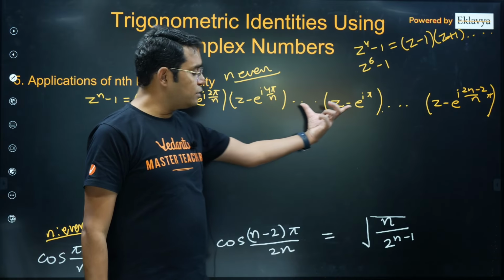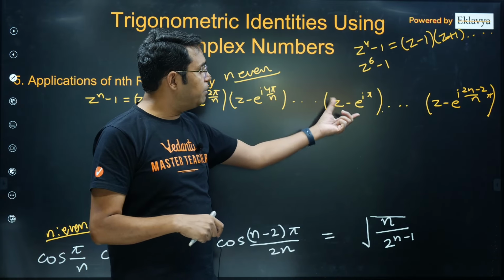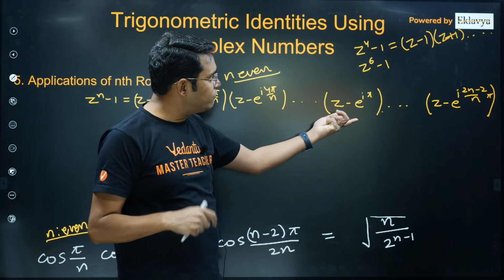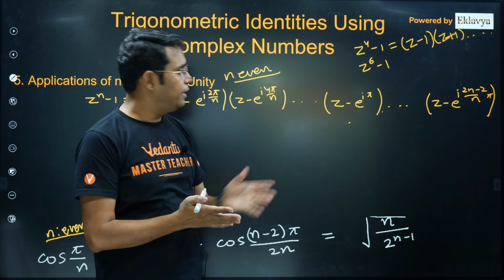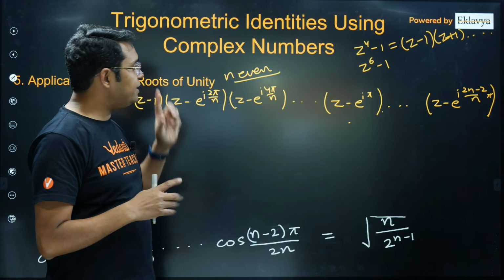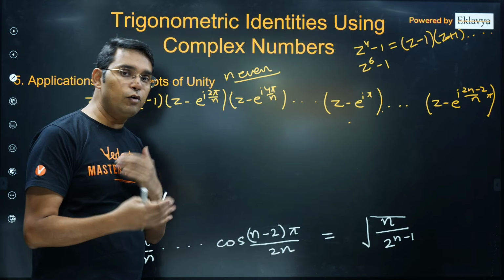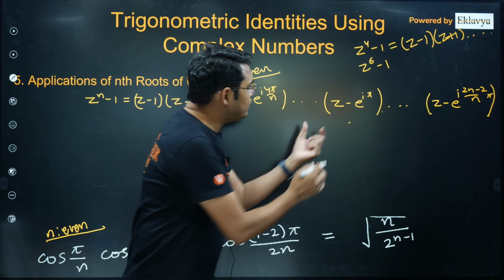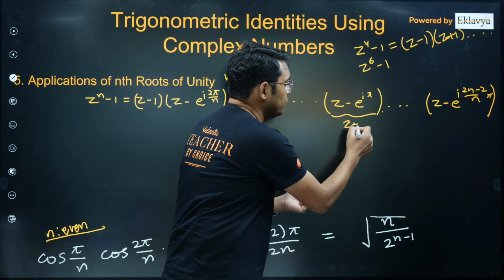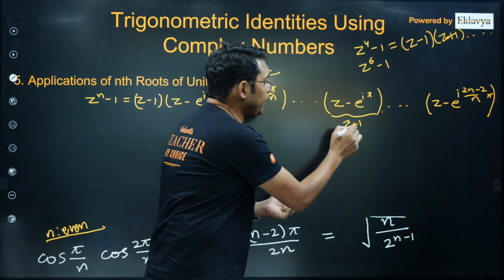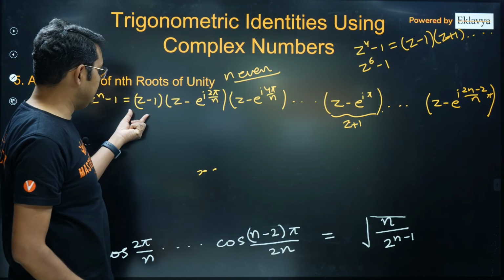So in this case, this bracket actually signifies that minus 1 will also be a root. So this will become actually z plus 1. So if n is even, you will always get minus 1 also as a root. So this is z plus 1. Okay, and I combine this z plus 1 with z minus 1.